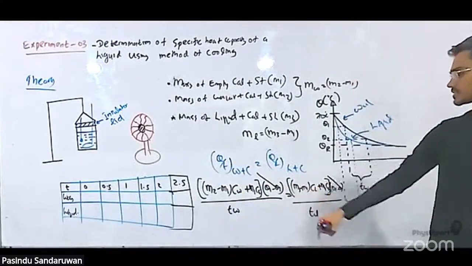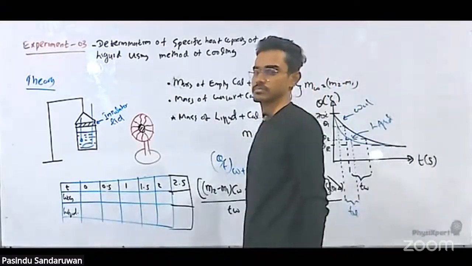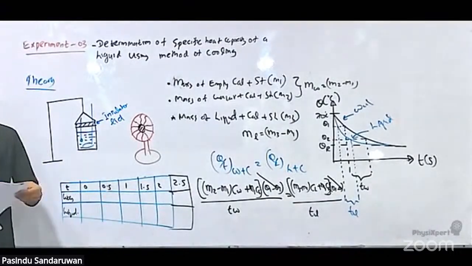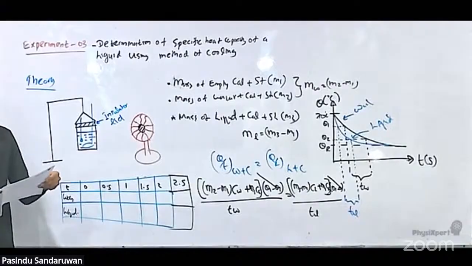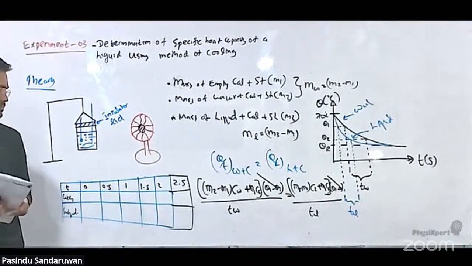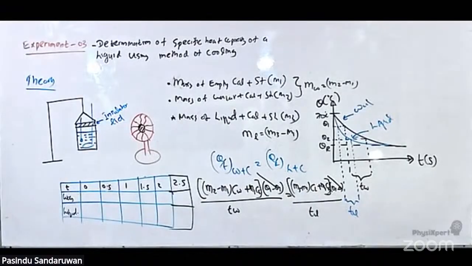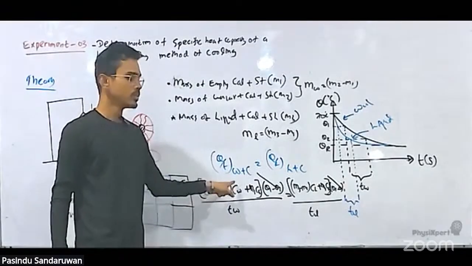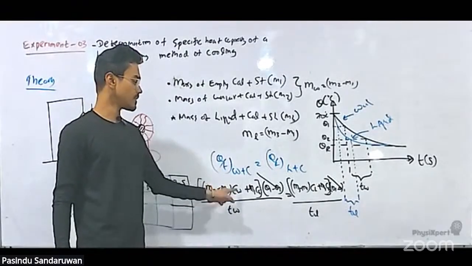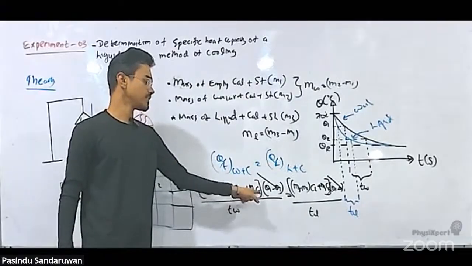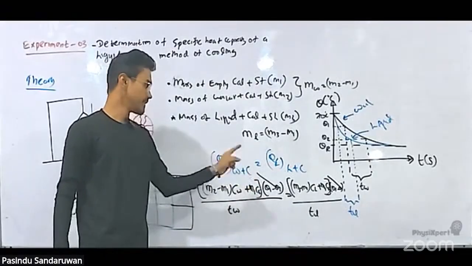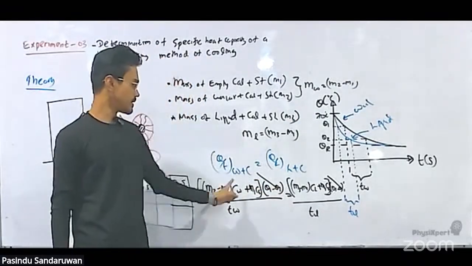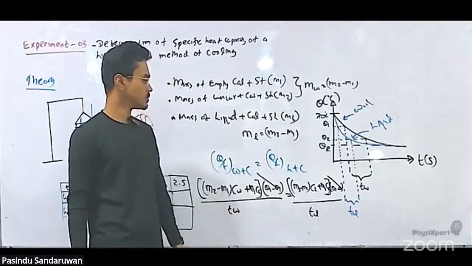Mention the equation: M2 minus M1, mass of water, times CW, specific heat capacity of water, plus M1 CS, mass of calorimeter times specific heat capacity of calorimeter, whole thing into temperature difference theta 1 minus theta 2, over time it takes TW.